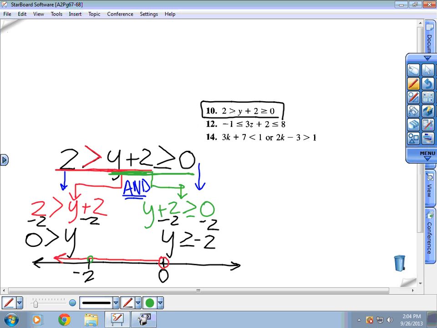Greater than or equal to means I color it in because it's equal to, and it's greater than, so it's the green. Now I'm looking for something in between that has both red and green included. I have to include the -2, because the -2 really is red also, because this arrow goes on forever. So -2 is involved, and it goes all the way up here and stops right before it gets to 0. So there's the graph of that conjunction.